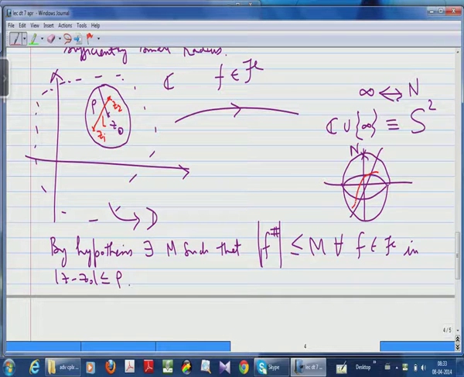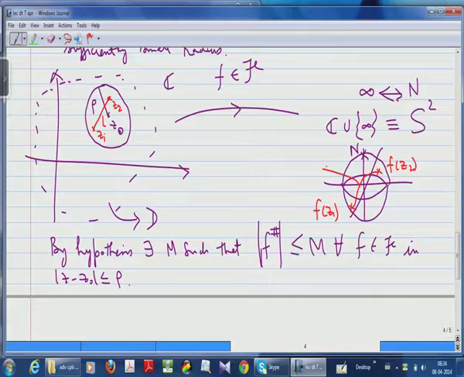It is going to be a contour with starting point f of z1 and ending point f of z2. Mind you, f of z1 and f of z2 are being thought of as points in the extended plane. The image contour is just f of L.